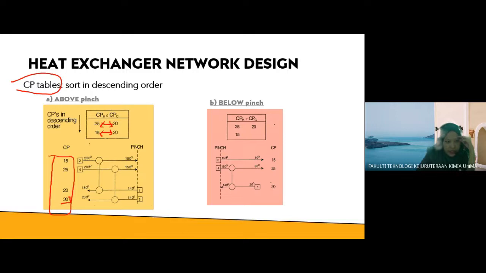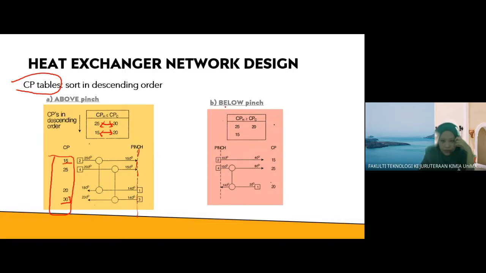Similarly here, you have this pairing 15 and 20. So 15 is stream 2 paired with CP 20, which is stream 1. And then you must start your heat exchanger from here, from your pinch. Meaning that you must start to locate the heat exchanger from right to the left.